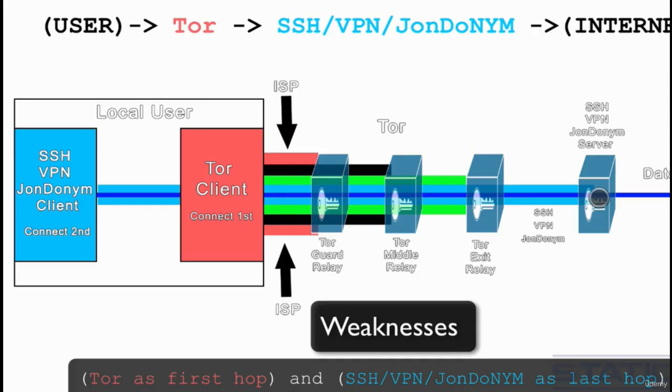Before this, the three-layer multiple hop is connected, and the local user or Tor client first goes to the Tor guard relay, and of course with the help of ISP, but in the last the SSH, VPN, JonDonym server stops it. The SSH, VPN, and JonDonym server is the best protection against the local user Tor client.